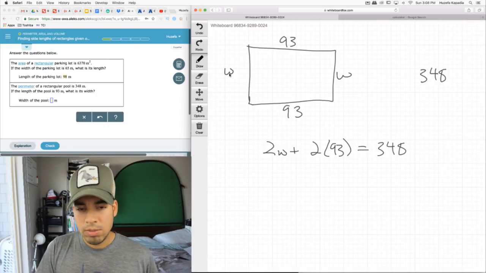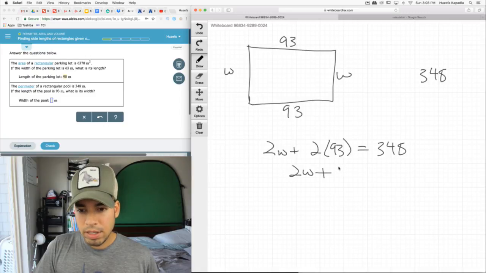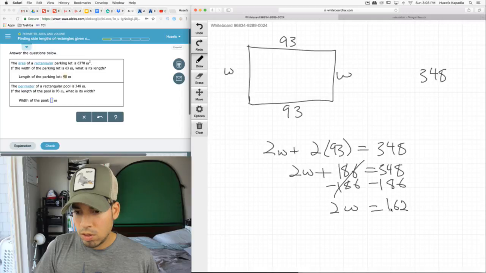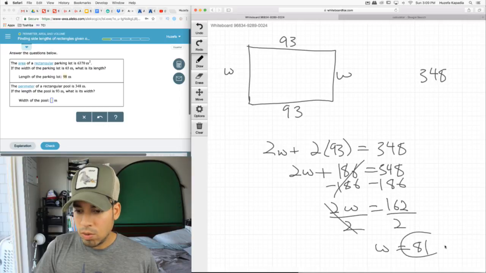Because 2 times this plus this, add these up and they all equals 348. 2 times 93 is 186. Now let's isolate for W. So I'm going to subtract 186 from both sides. And we get 2W equals 162. Divide both sides by 2. W equals 81.